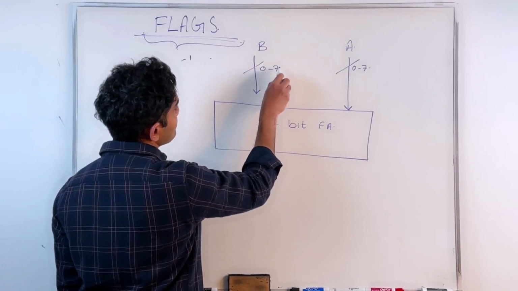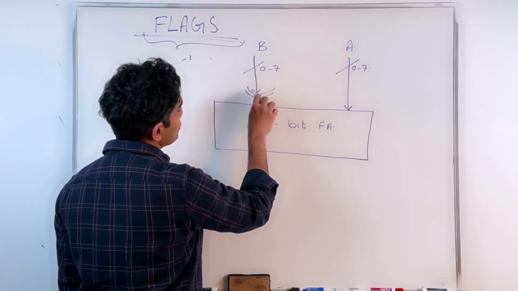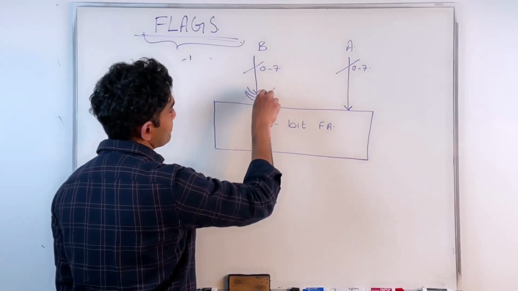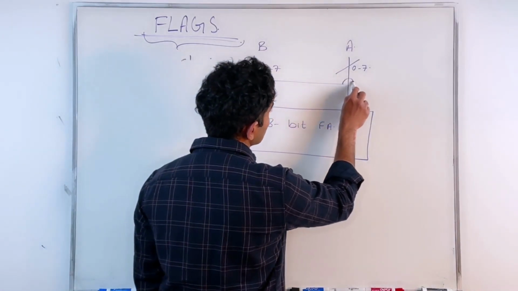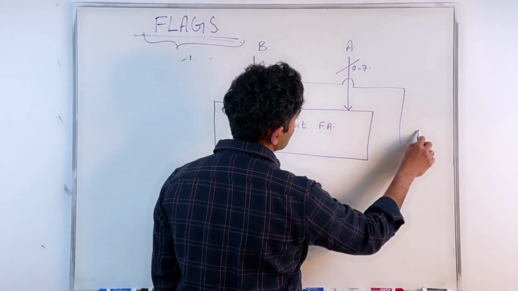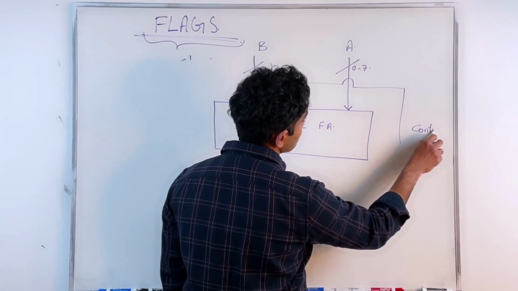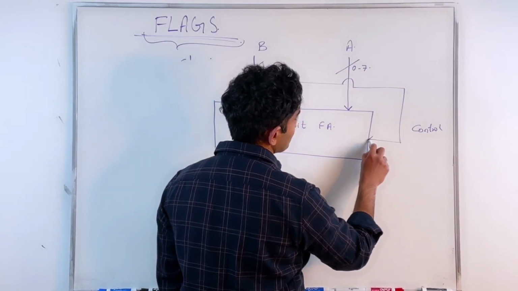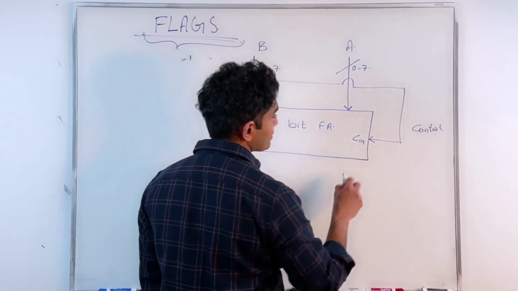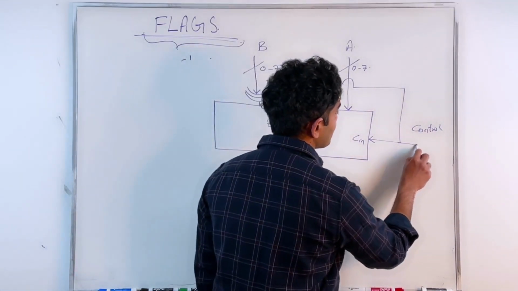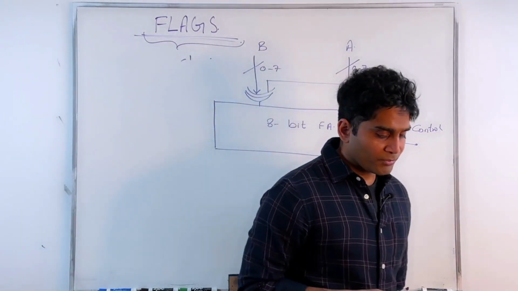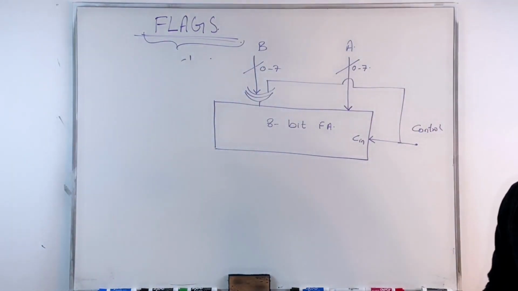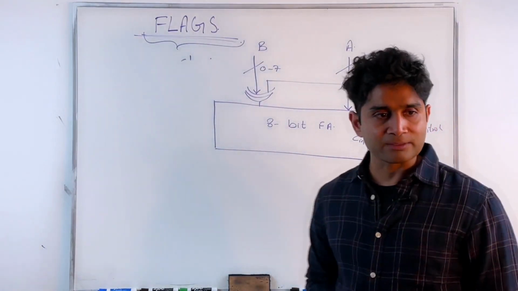B0 to 7, where each individual B is of course applied through an XOR gate, as you can see, and that's your control input, that's my Cn, that specifies how you're configuring your circuit, whether it's an adder or subtractor. So we have seen this already.